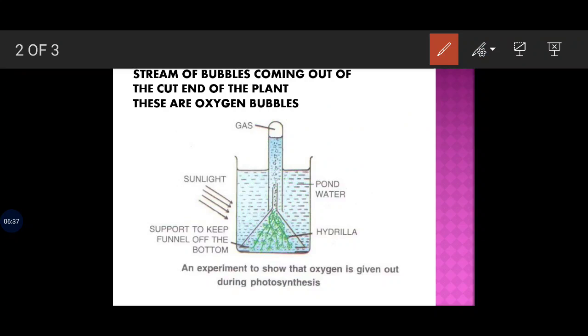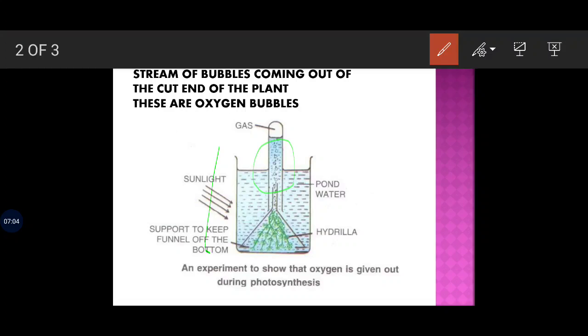When you have kept the funnel inverted, covered the hydrilla, and kept the test tube inverted on the funnel, you have to make sure that the water fills inside the test tube. You have to set up the whole thing in such a way.